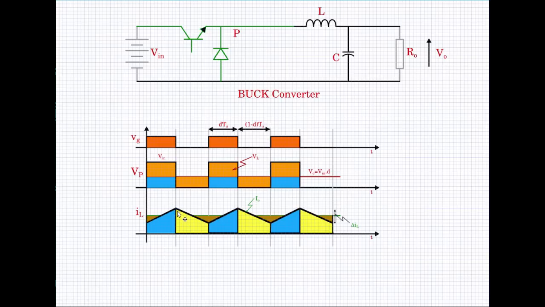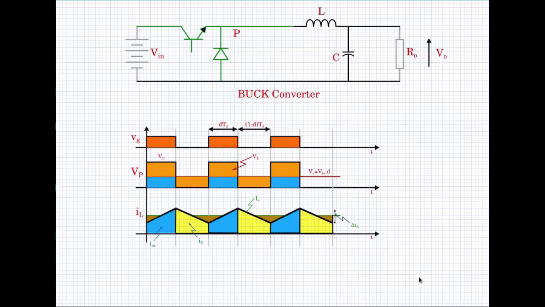Therefore, the diode also has to have the same peak current value I naught plus delta I by 2, and the average value would be I naught into 1 minus D. So this way you get the value of the current that will flow through the input and the value of the current that flows through the diode too.